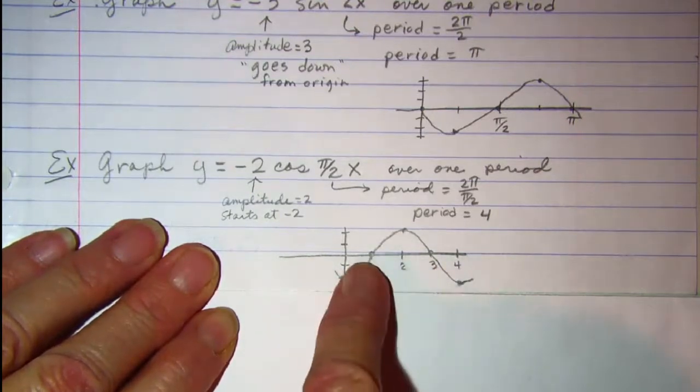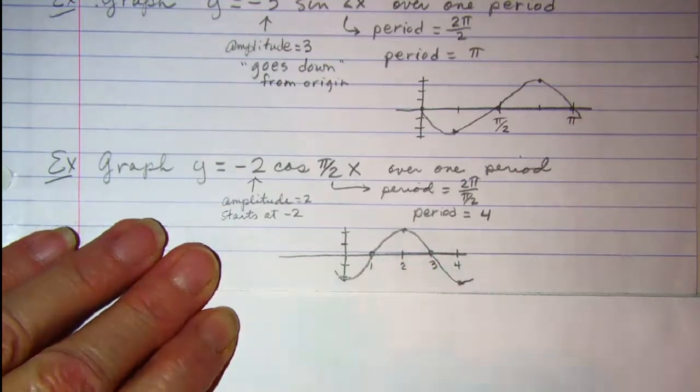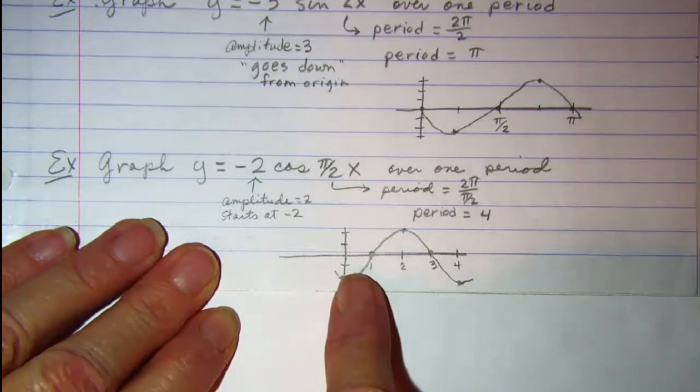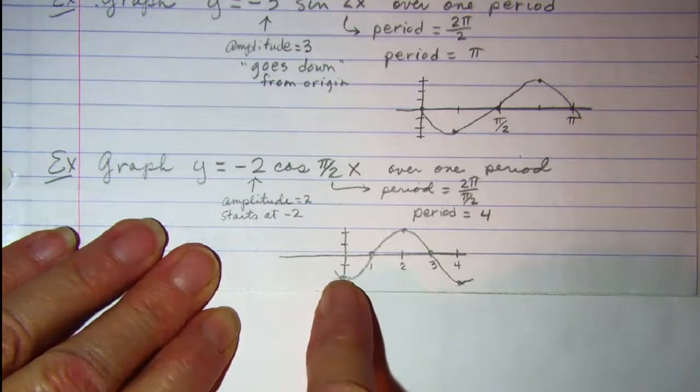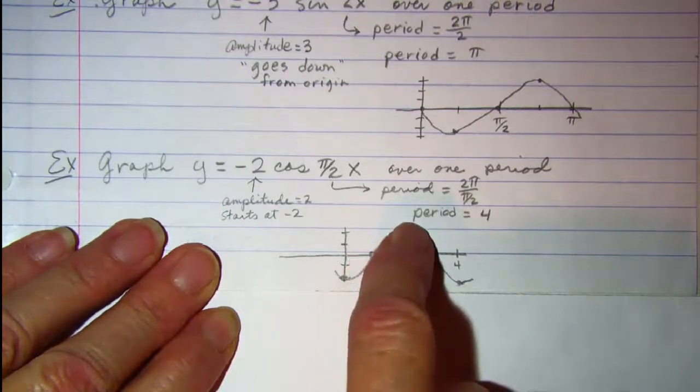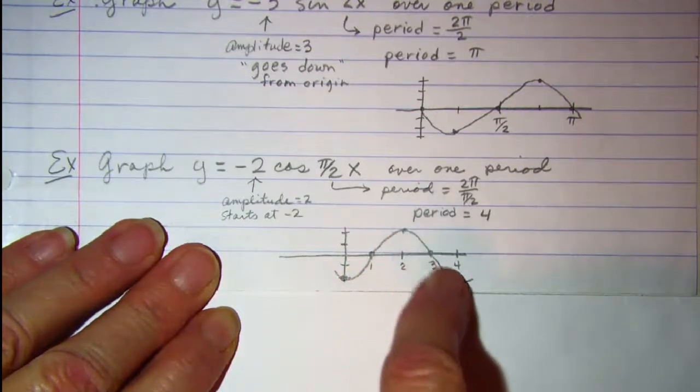And remember, when you notch off your x-axis, you want 4 spaces to represent the 4 quadrants. And so I start down here at -2 and hit the axis, and then hit the max, hit the axis, and hit the min.